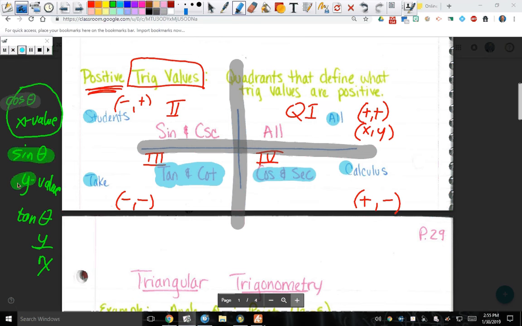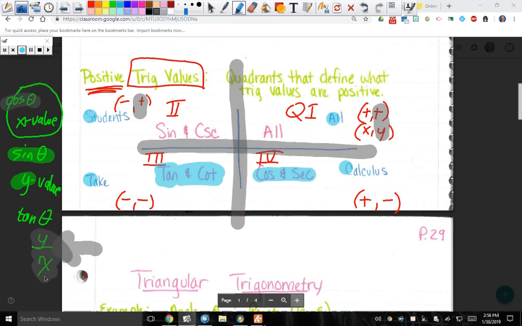Let's do sine. Sine is the y value. When are the y values positive? 1 and 2. Because that's when the y value is positive. Are you seeing how I'm doing this? Okay? The tangent is y over x. When is that positive? You tell me. 3 and also what? 1.